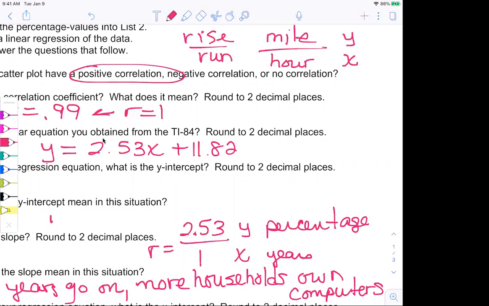So the denominator is always x, and that's always our time. The numerator is the y value, the denominator is the x, and x is always time because it's always, as you said, miles per hour or something per year, something per minute. So that's why the x value is in the denominator.